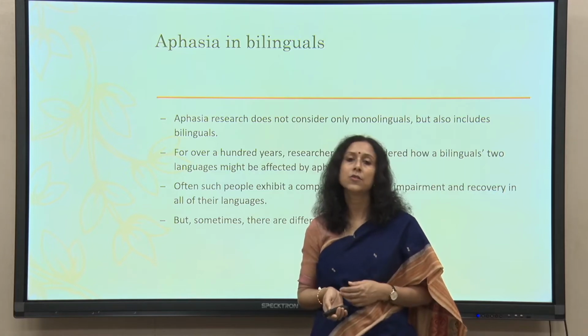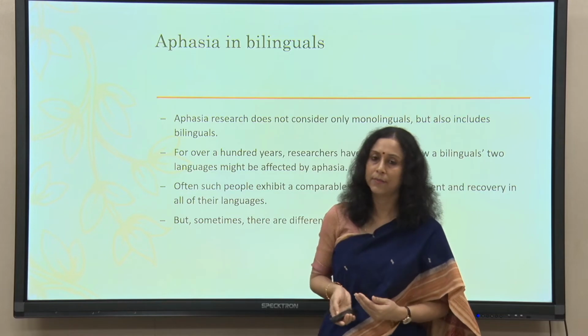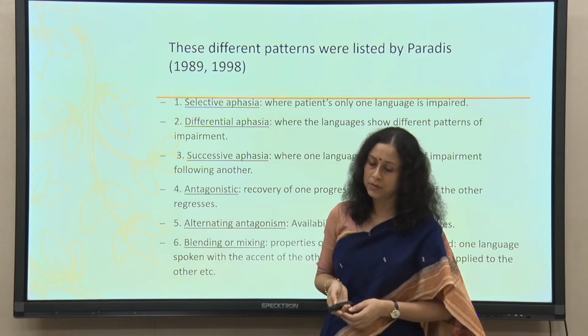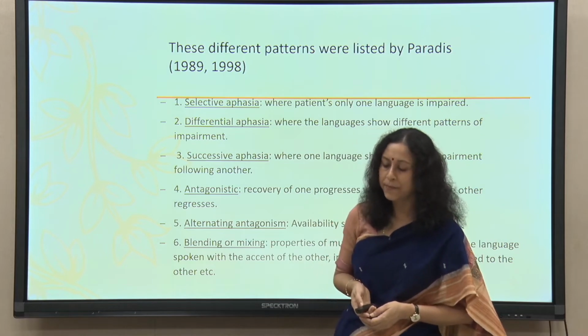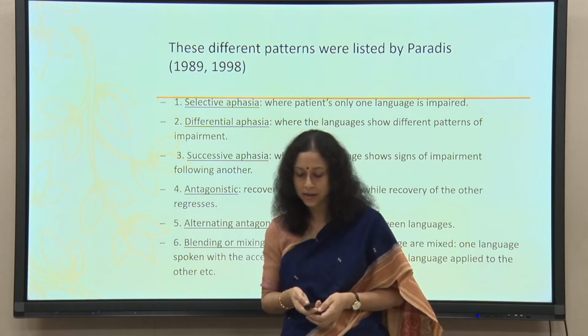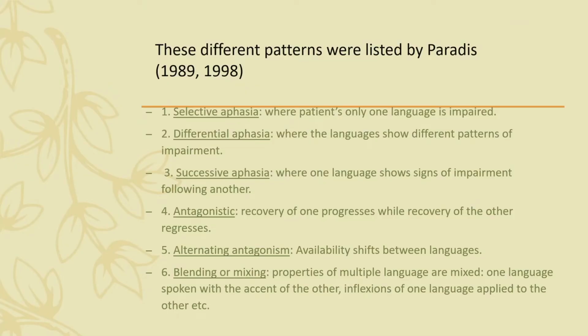However, since there are also cases that have been reported where 2 languages are not affected similarly, we will look at the different patterns that emerge from that kind of empirical evidence. These different patterns, when the bilingual's 2 languages are not affected similarly, were studied and listed by Michael Paradis in these 2 publications and many other subsequent publications.